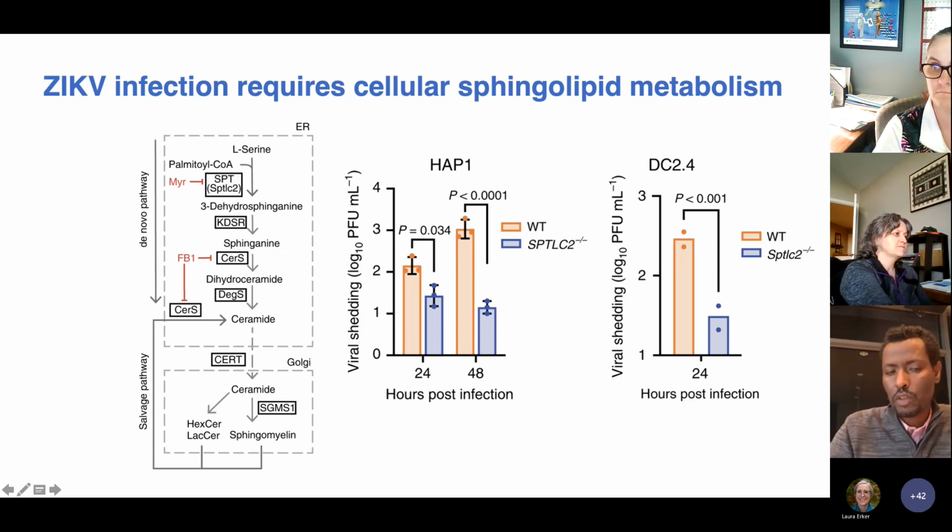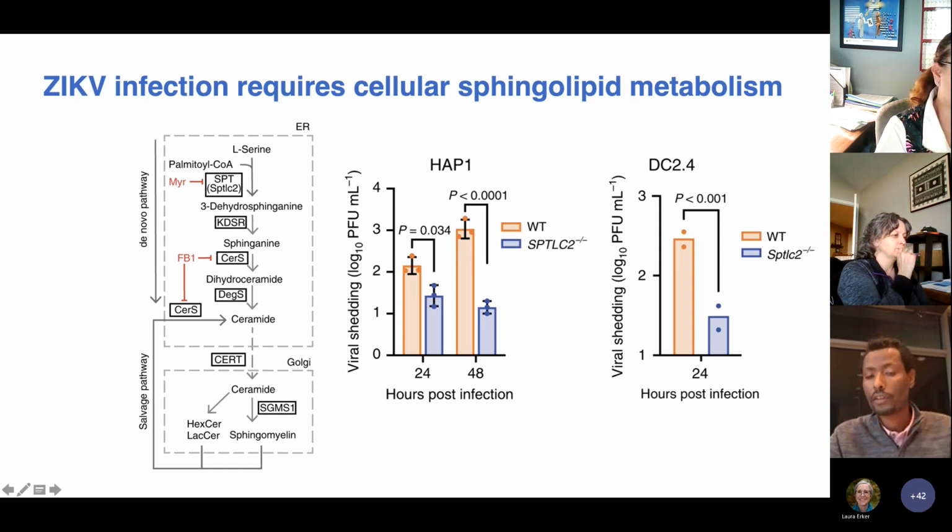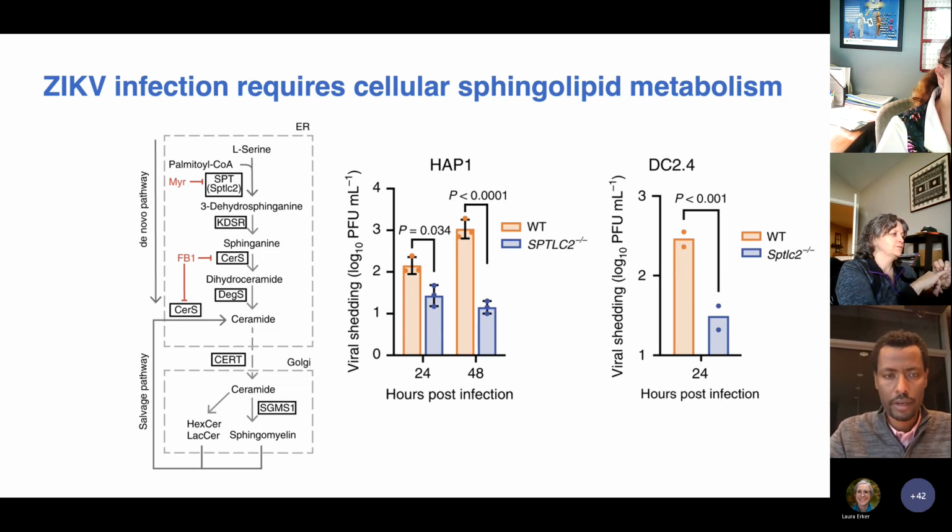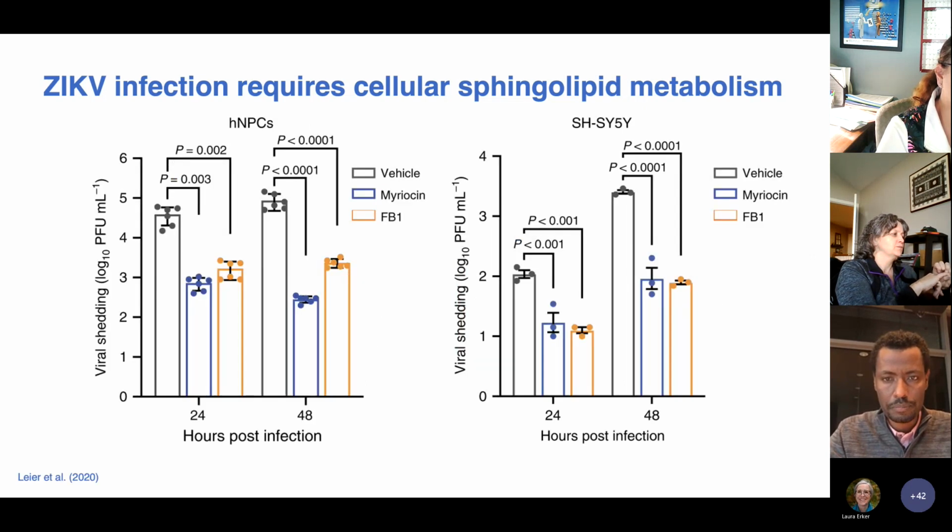This is a subunit of serine palmitoyltransferase, which is a target of the myriocin inhibitor. So cells that lack serine palmitoyltransferase are resistant to the virus as compared to controls in both cell lines. Again, showing that sphingolipids are important for Zika virus infection.